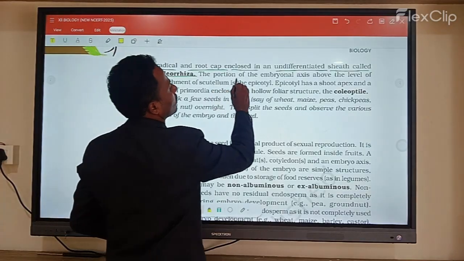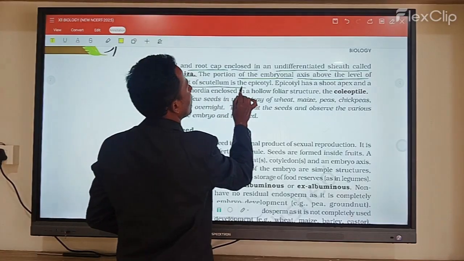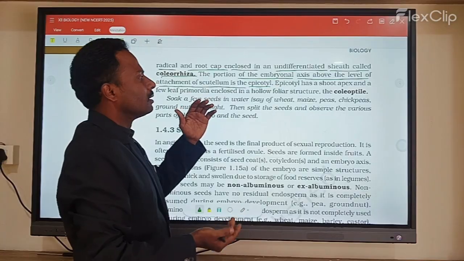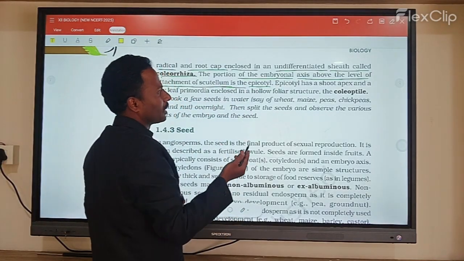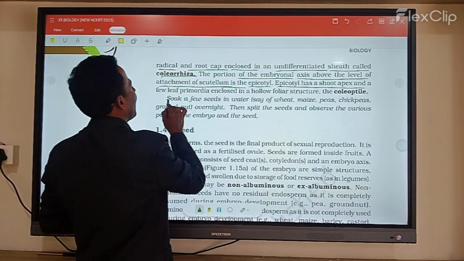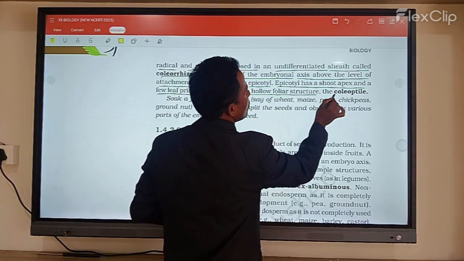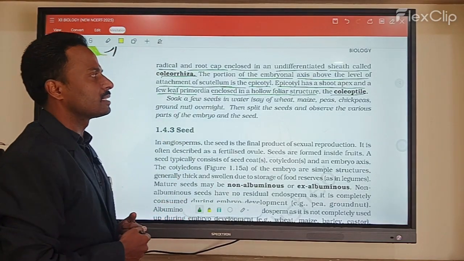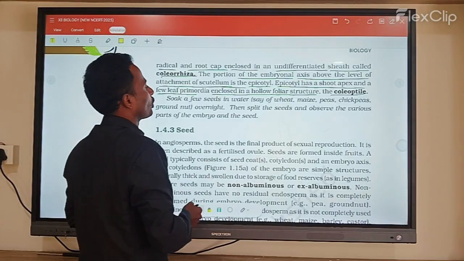The portion of the embryonal axis above the level of attachment of the scutellum is the epicotyl. So epicotyl means the upper side, that is here. The epicotyl has the shoot apex and a few leaf primordia enclosed in a hollow foliar structure called the coleoptile. It is a cap-like structure covering the shoot apical meristem. That is the coleoptile.